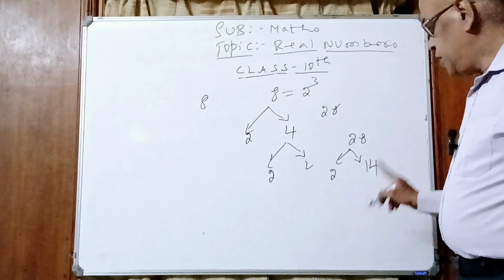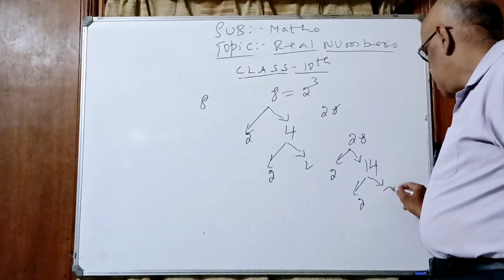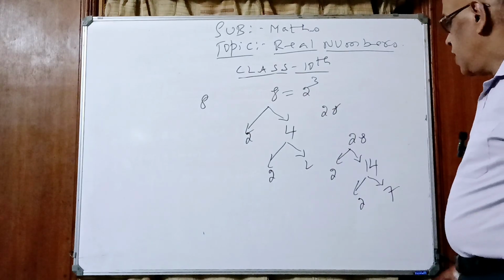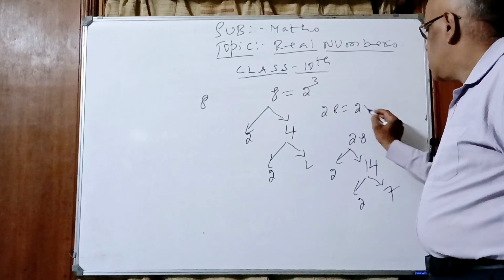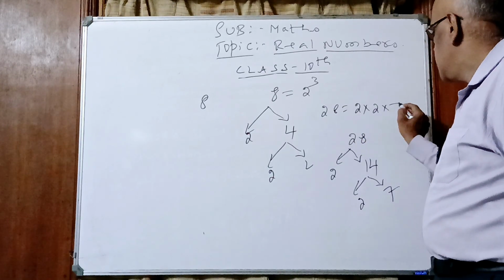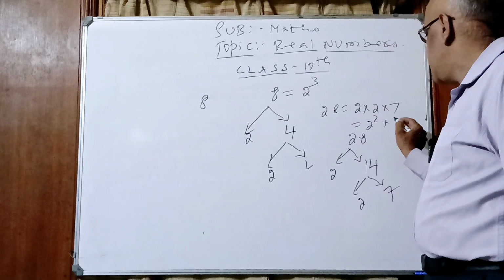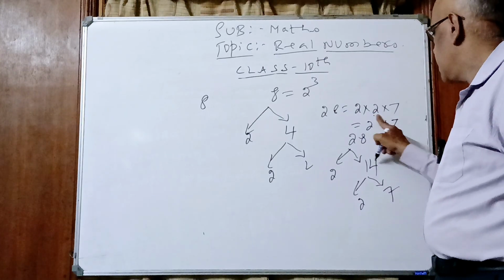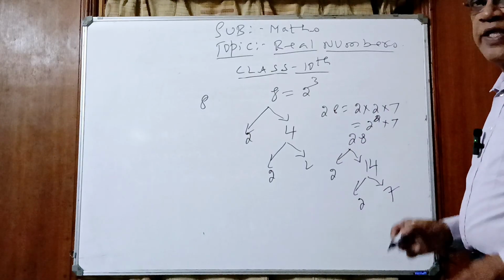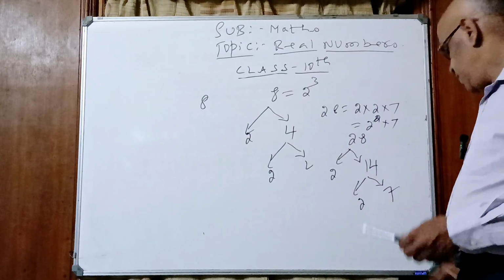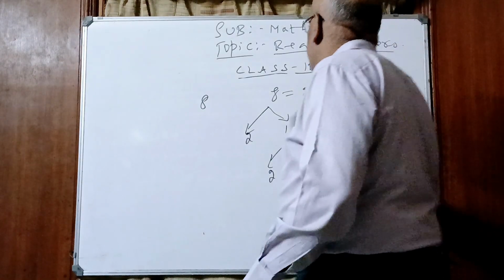It's a composite number. Further divide. You can write it as 2 into 2 into 7. What are the factors of 28, children? 2 into 2 into 7 is nothing but 2 to the power of 2 into 7. Yes or no? 2 squared is 4, 4 sevens are 28. This is the meaning of the fundamental theorem of arithmetic.